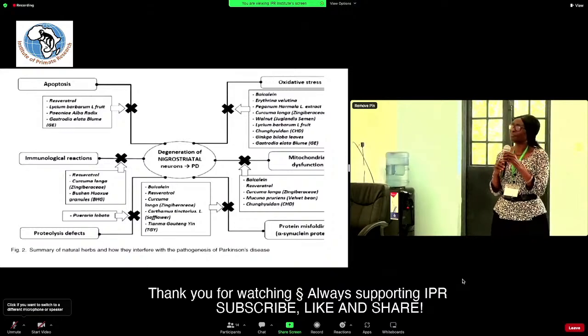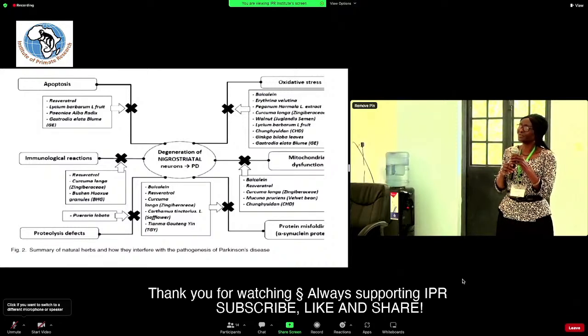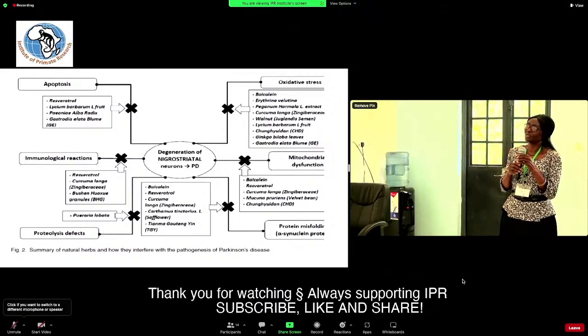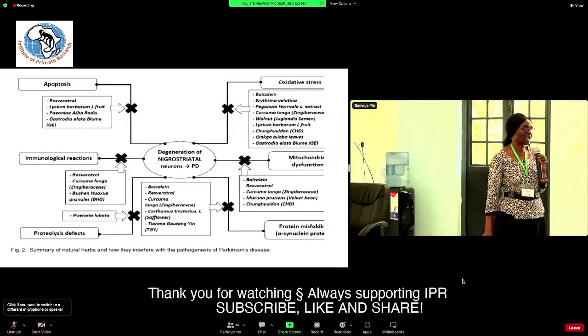So you have oxidative stress and a group of herbs that are used to alleviate oxidative stress. You have mitochondrial dysfunction, you have apoptosis, you also have immunological reactions. So you have all these herbs that can be used to alleviate these conditions.